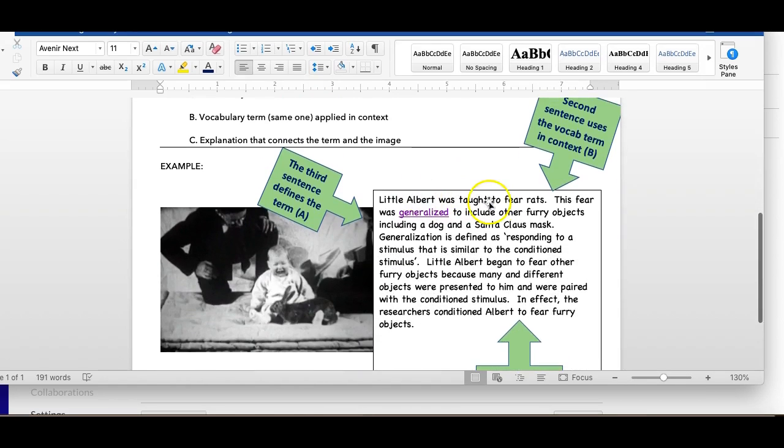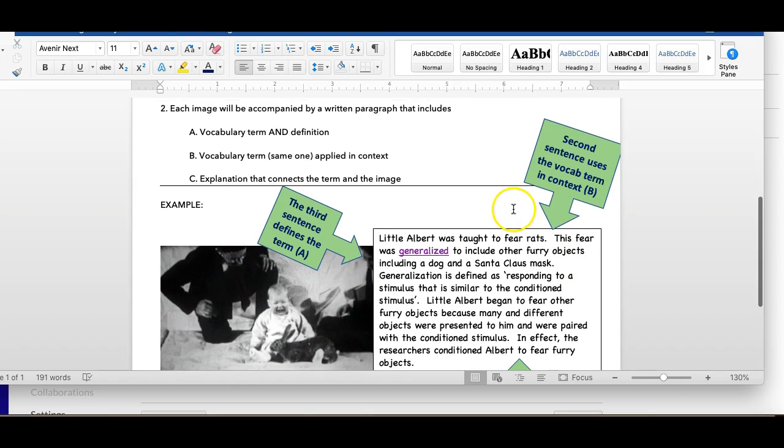So little Albert was taught to fear rats. This fear was generalized to include other furry objects, including a dog and a Santa Claus mask, which is actually true. Okay. So the second sentence here is covering B in number 2.